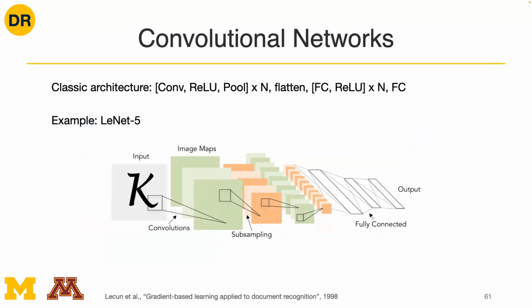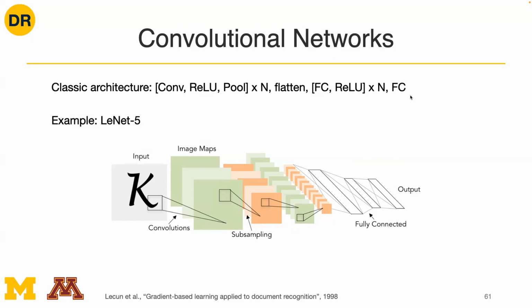You'll have a 2D convolutional layer, then a ReLU activation, then a max pool, and you'll stack up n of those conv, ReLU, pool layers. Then you'll flatten the resulting vector that you get as the output of your final convolution layer, and pass it to some number of fully connected layers before having your final linear classifier produce your output.